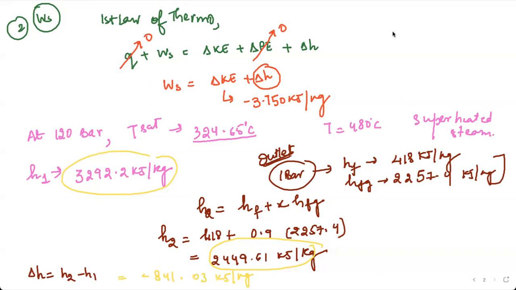So our total shaft work in this case will be the change in kinetic energy plus delta H. On adding both these values, we get minus 844.78 kilojoules per kg. So with this, we solve the second part.